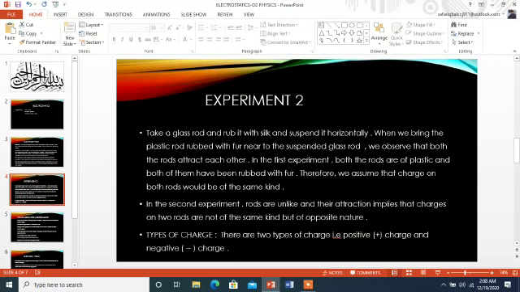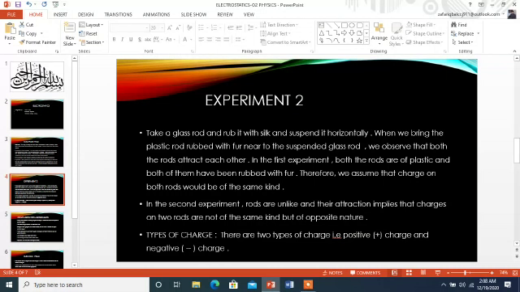In the first experiment, both the rods are of plastic and both of them have been rubbed with fur. Therefore, we assume that the charge on both the rods would be of the same kind. But in this experiment, we have taken two rods of different nature.